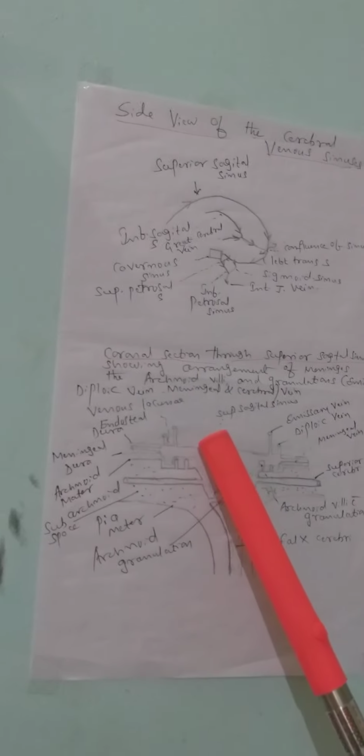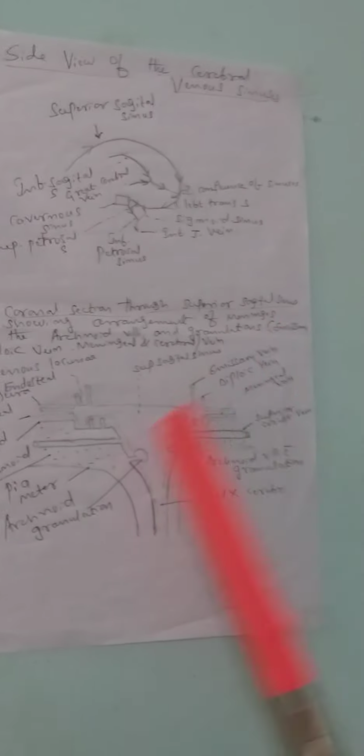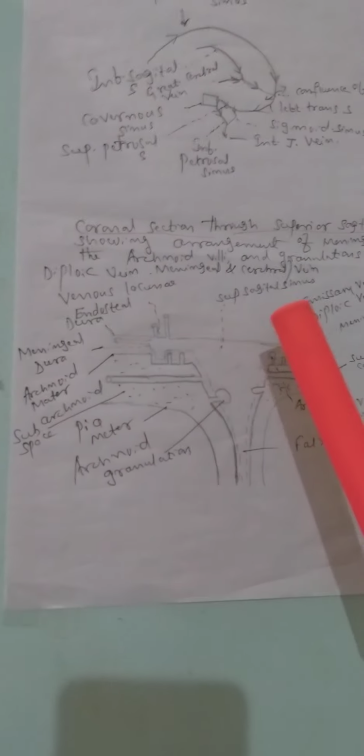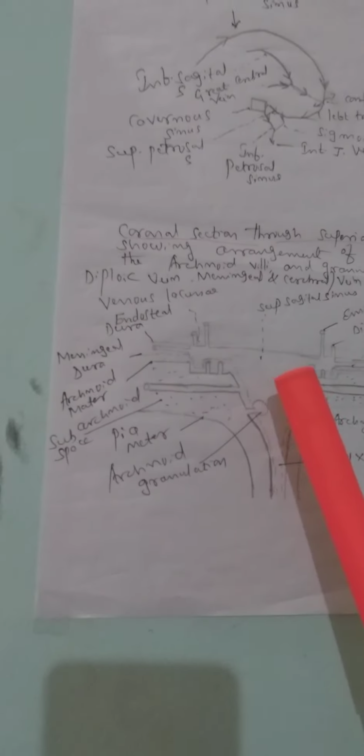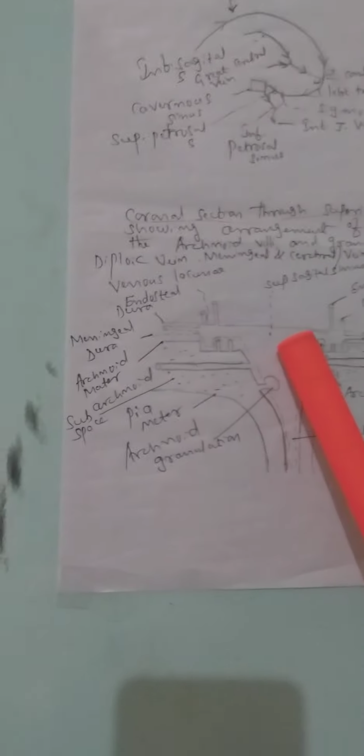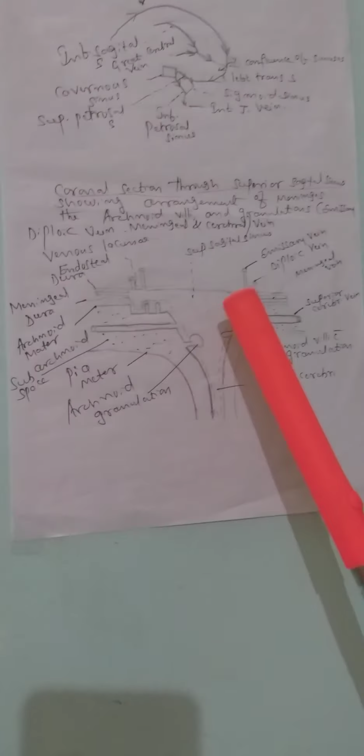The paracentral lobule represents the lower limb as well as the perineum, so thrombosis may cause paraplegia of the lower limb as well as the perineum. This is regarding superior sagittal sinus thrombosis.